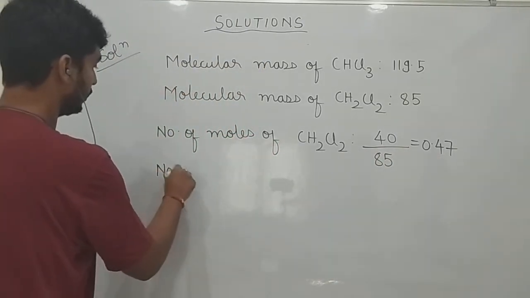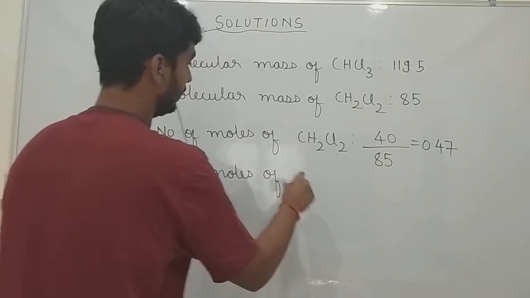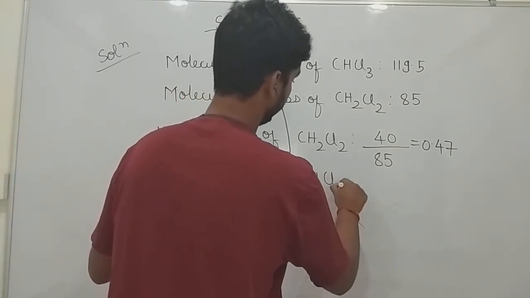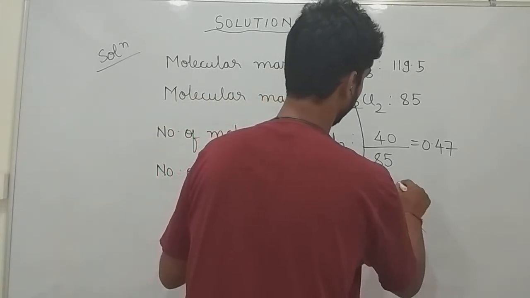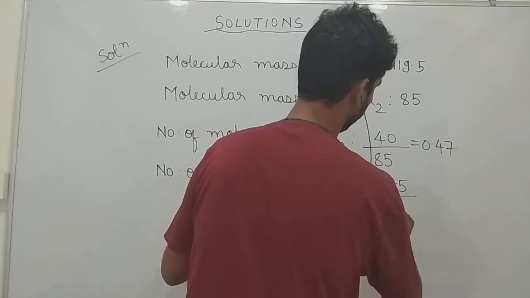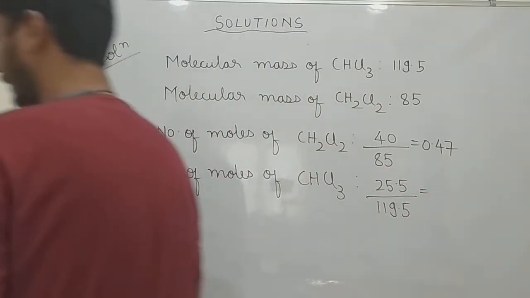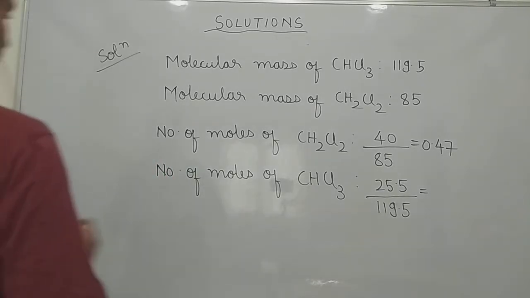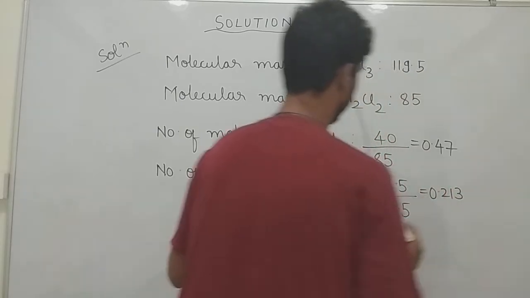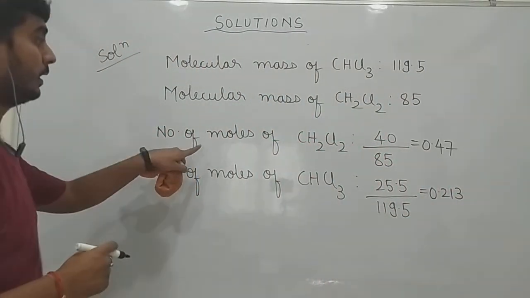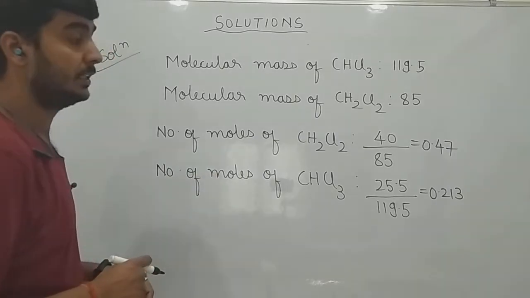Similarly, number of moles of chloroform CHCl3 will be how much? Given mass is 25.5 divided by molecular mass 119.5. It comes out to be roughly 0.213 moles.